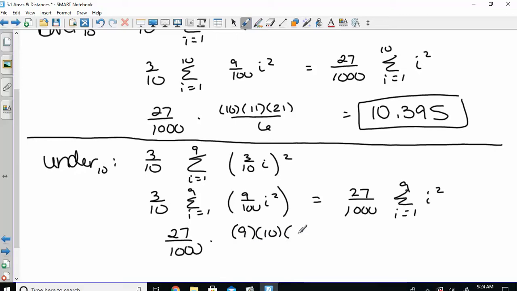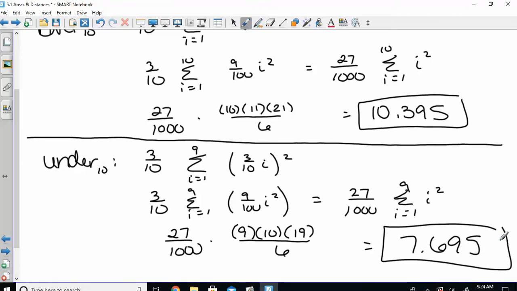The next one is 10. 2n plus 1, 19, over 6. And that gives me 7.695, which is what we had yesterday. We will work more on this. At this point, I'm not expecting you to use these formulas to find your over and under approximations. We're still doing those just by writing it out. But I just wanted to show you how this relates to what we were doing yesterday.